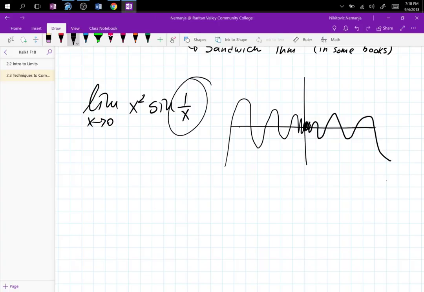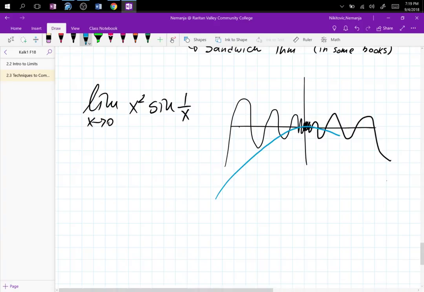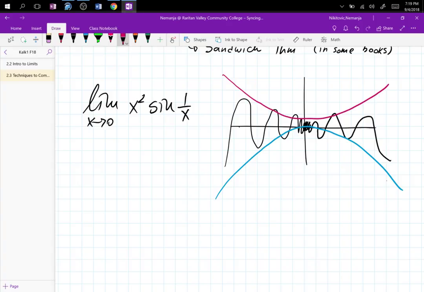And we cannot determine what the limit is. So what do we do? Well, we try to sandwich this in between two functions, the one on the bottom and the one on the top.